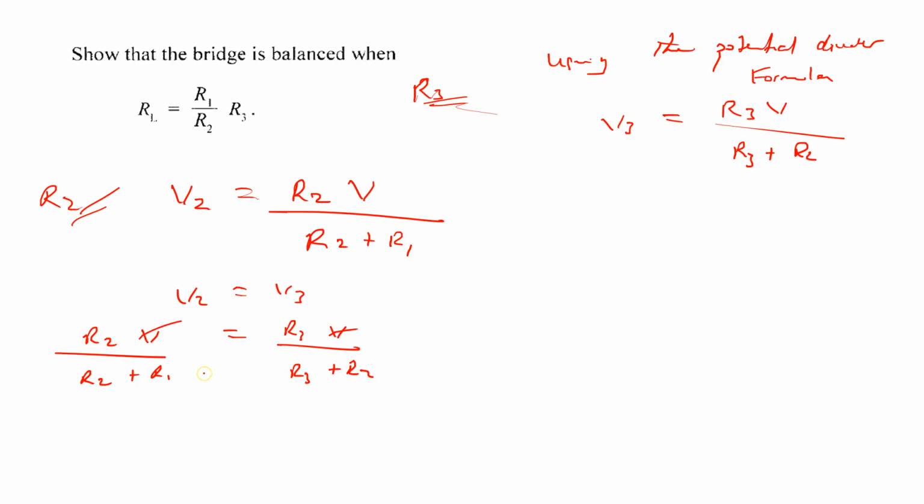So let me just reevaluate something here. This is RL, by the way. It's not R2, it's RL. So what we want now is to simplify this. We just need to simplify it. So in order for us to do that, let me see what I'm going to do here.